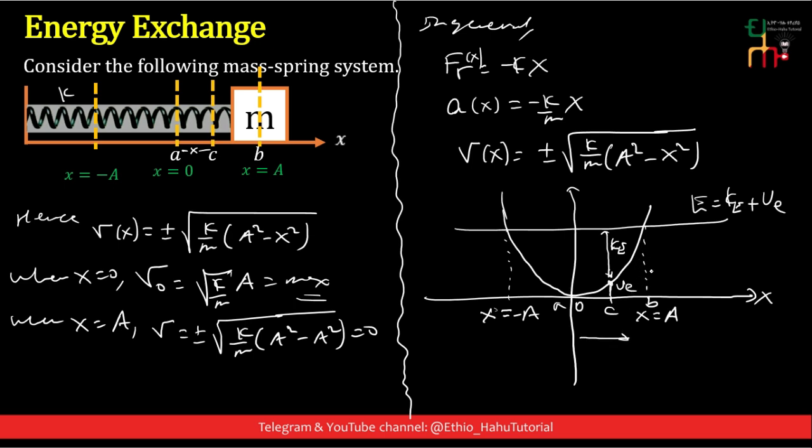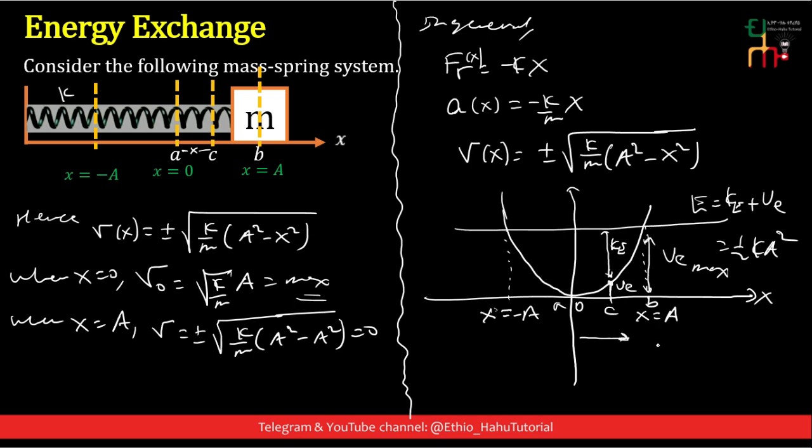The elastic potential energy increases. In turn, the kinetic energy gap decreases. And at the maximum point of oscillation, we have maximum elastic potential energy. This gap is maximum elastic potential energy, that is half times k times a square, and 0 kinetic energy.